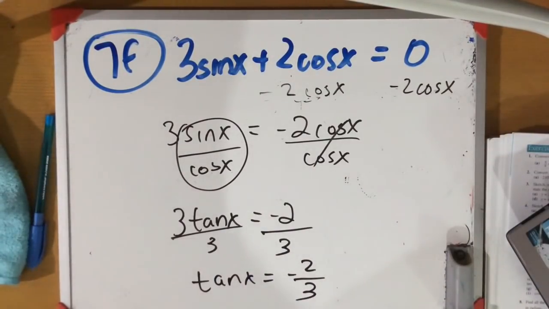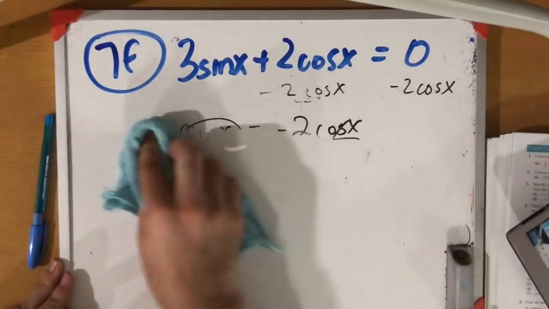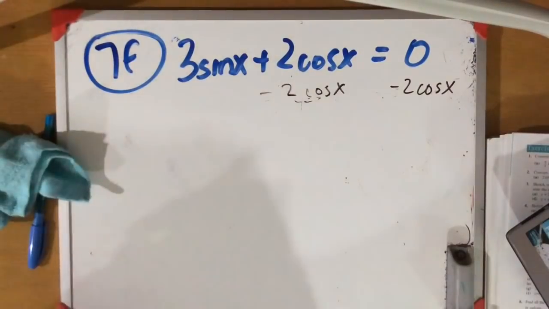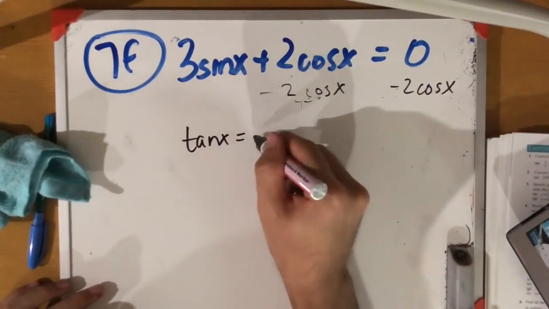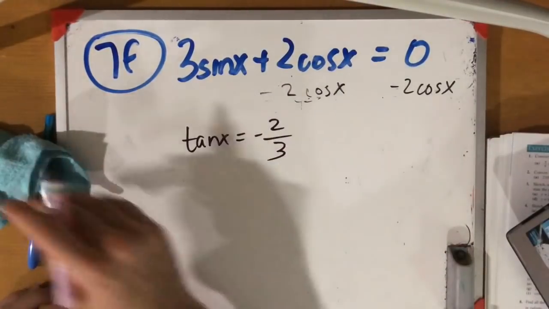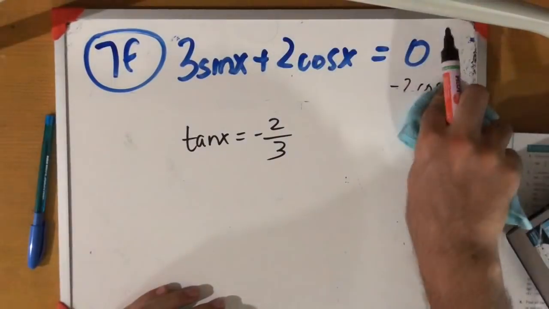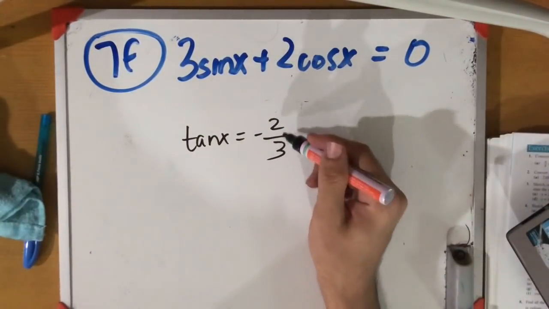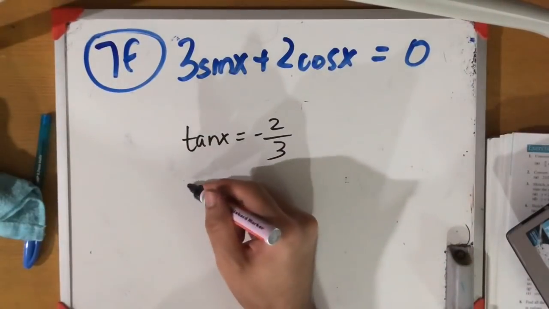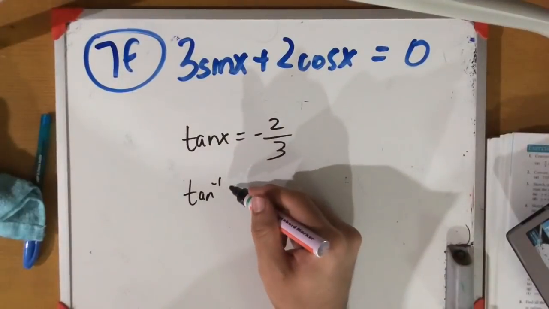Okay, now we know tan x is equal to negative 2 over 3. Let's find the base angle of tan x equal to negative 2/3. And how do we do that? Well, we go to our handy dandy calculator. So these are the sides. What is the angle according to these sides? We can figure that out by doing shift tan in our calculator.